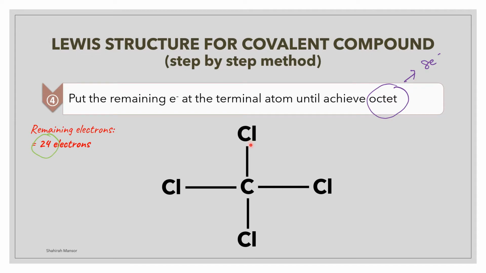So dari mana kita nak ambil 6 elektron itu? Kita akan ambil daripada these remaining electrons. So now we are going to take another 6 electrons from here dan letakkan di klorin ini. Maka you akan dapat this diagram. Okay. So by doing this, you can check for the terminal atom chlorine here.